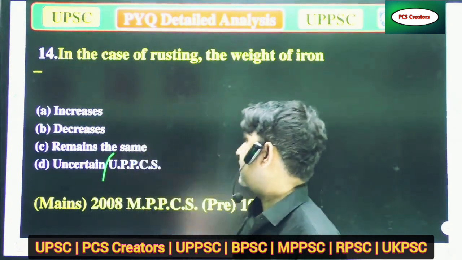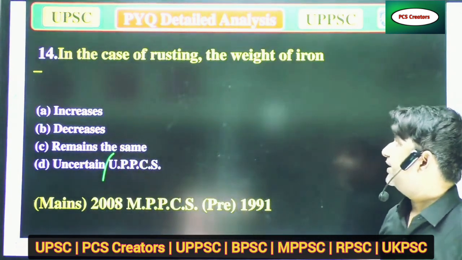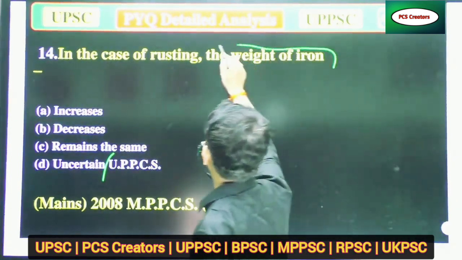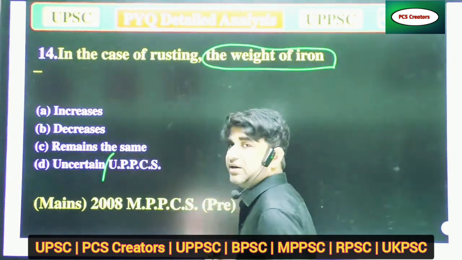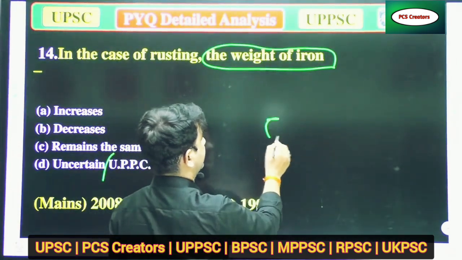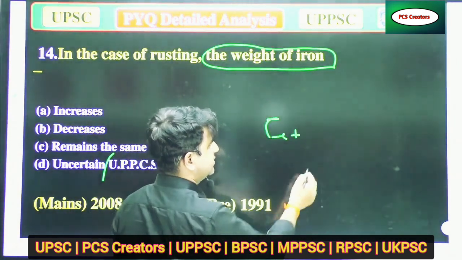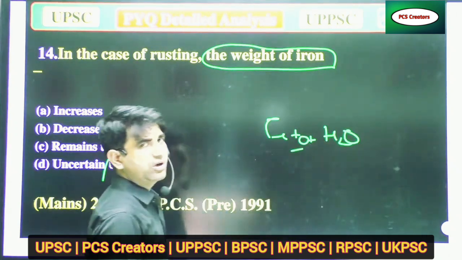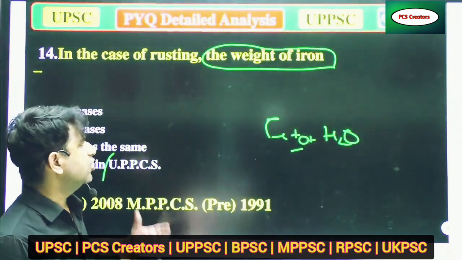What happens in the rusting of iron? Iron needs water, or you can say moisture, and oxygen to rust.